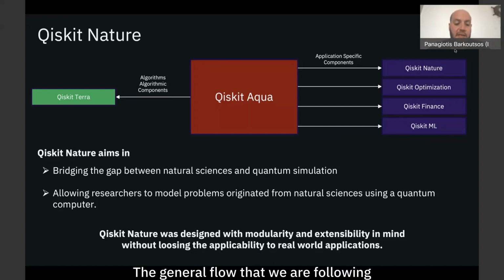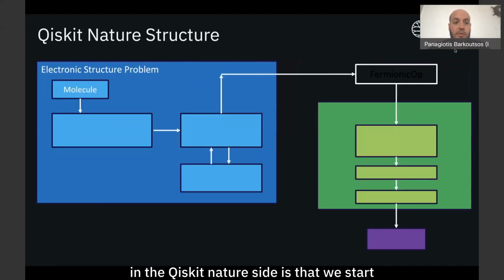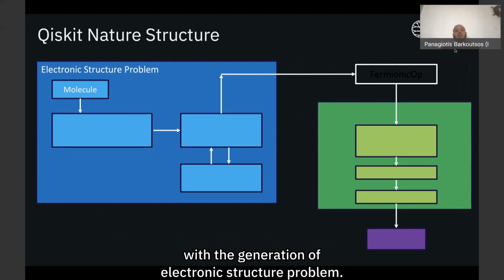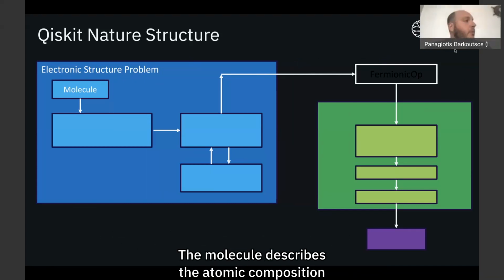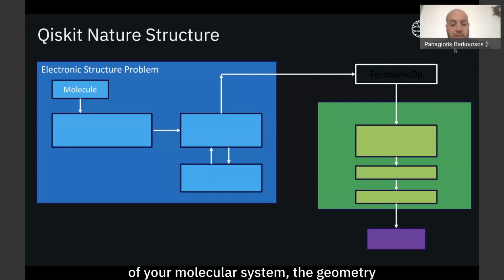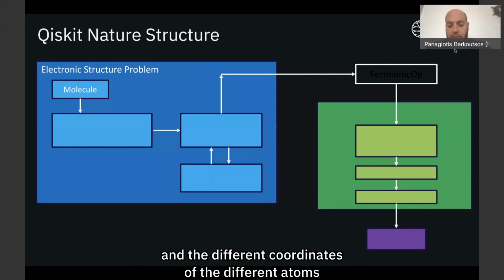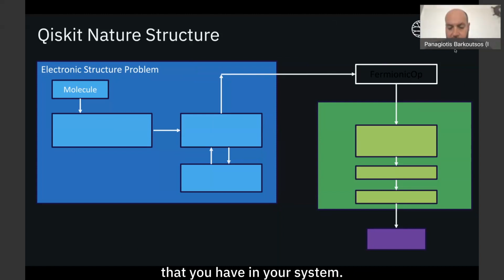The general flow that we follow on the Qiskit Nature side is that we start with the generation of an electronic structure problem. An electronic structure problem has an important input, which is the molecule. The molecule describes the atomic composition of your molecular system, the geometry, and the coordinates of the different atoms in your system.